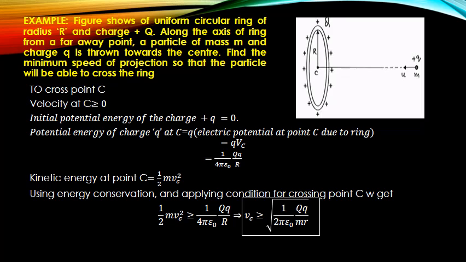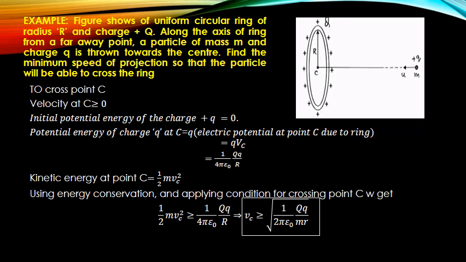Now, since the charged particle initially is located at a faraway point, there is no interaction between the charged particle and the ring. So electrostatic potential energy of the charged particle will be 0.